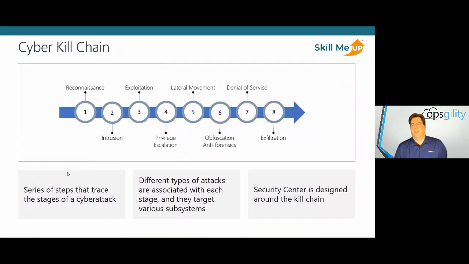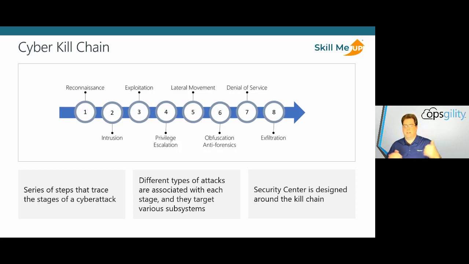All right. We're getting now into what we can do from an operational standpoint, from a security standpoint. And the important thing to look at here is the cyber kill chain. When we think about how attacks take place, we look at this as an 8-step process.